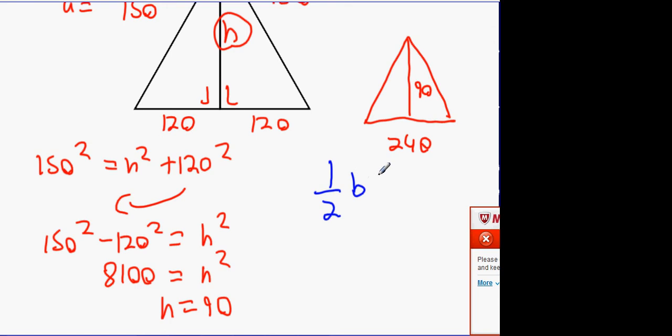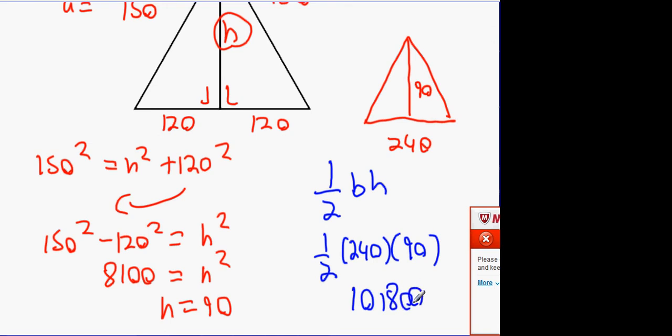Half base by height, so half 240 multiplied by 90. It's the full base for the formula, because we're getting the area of the full triangle. You'd be right if you were just getting this smaller triangle, because that's the base of 120. But the base of the big triangle is 240. And 10,800 was exactly the same answer we got last time. You multiply it by 4, you get 43,200.